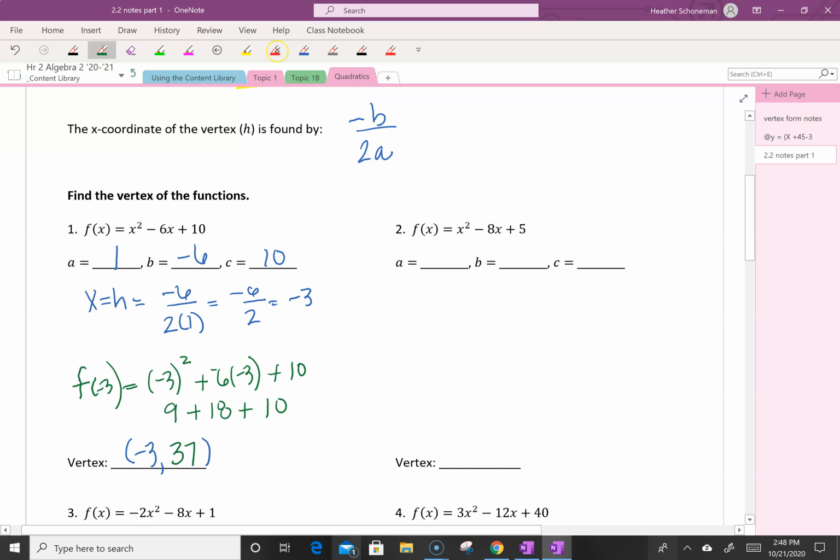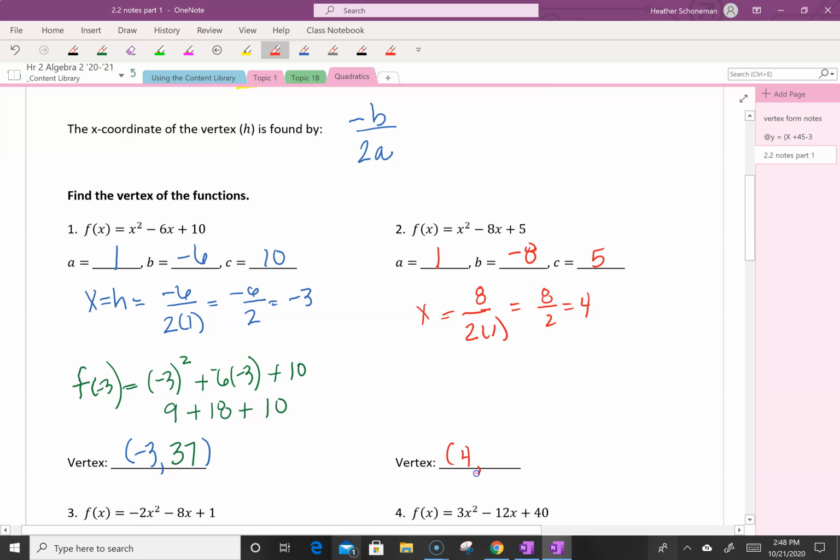All right, let's try this again. On number 2, my a is 1. My b is negative 8. My c is 5. Sorry, I'm having some issues with my pen. Okay, the opposite of b would be positive 8 over 2 times a, which is 1. So that gives us 8 over 2, which is 4.